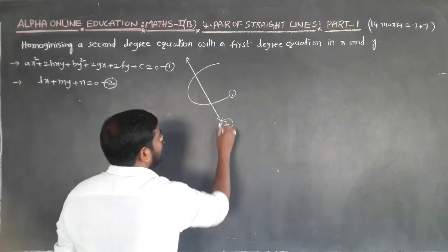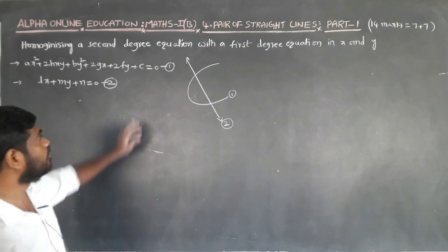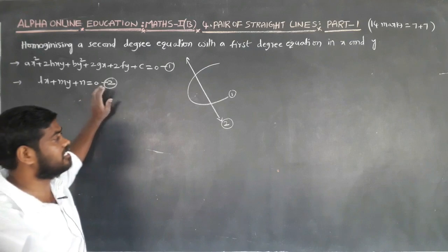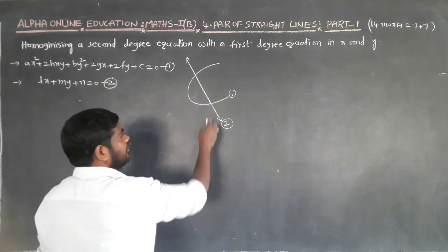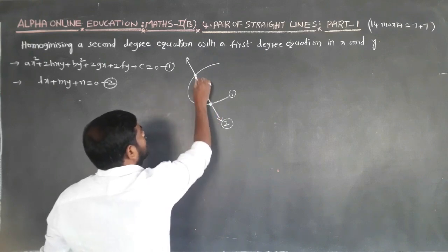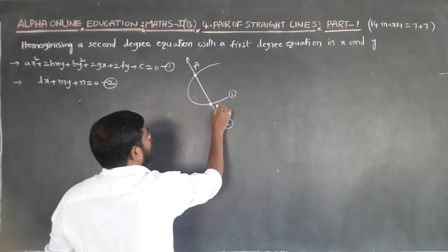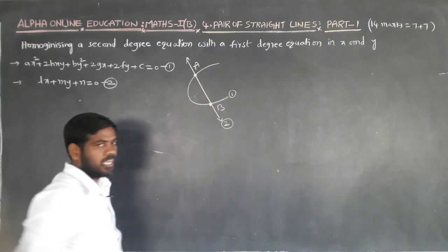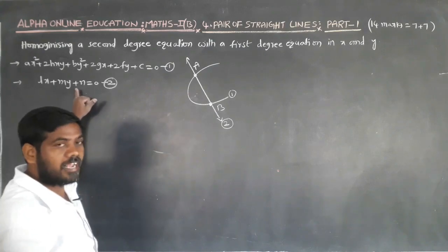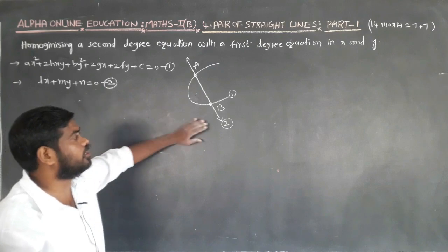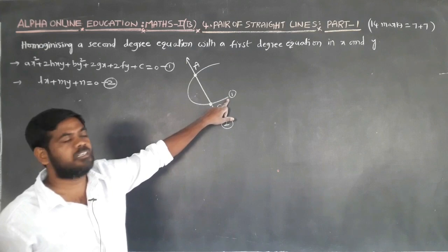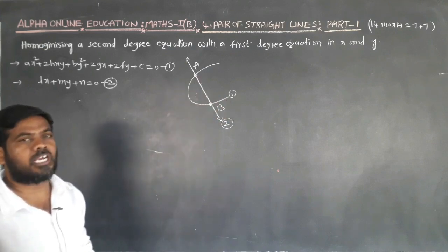Here the line meets, or intersects, the curve at capital A and capital B. The first degree equation, the line lx plus my plus n equal to 0, intersects the second degree equation at capital A and capital B.